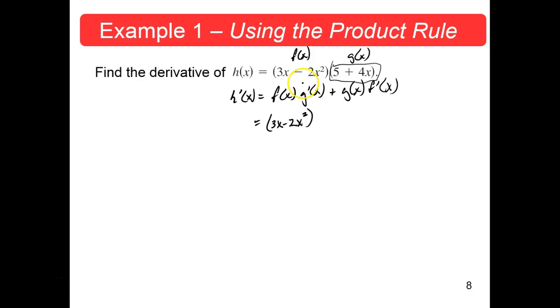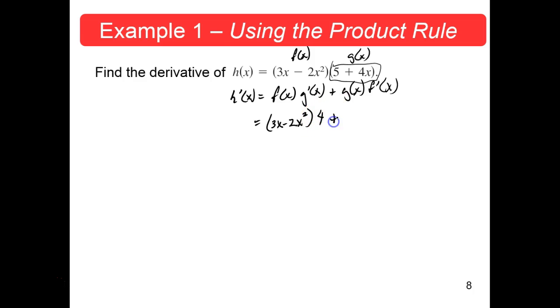G prime. Okay, wait. What's the derivative of a constant? What's the slope of a constant function? 0. The derivative of a constant is 0. Remember? The constant rule. So g prime is 4. That would be it.